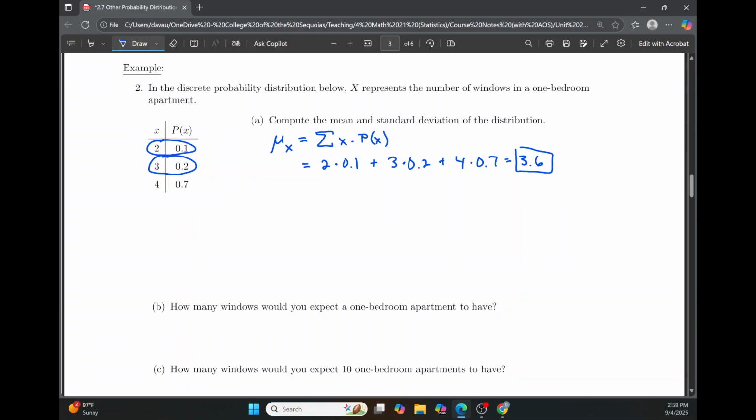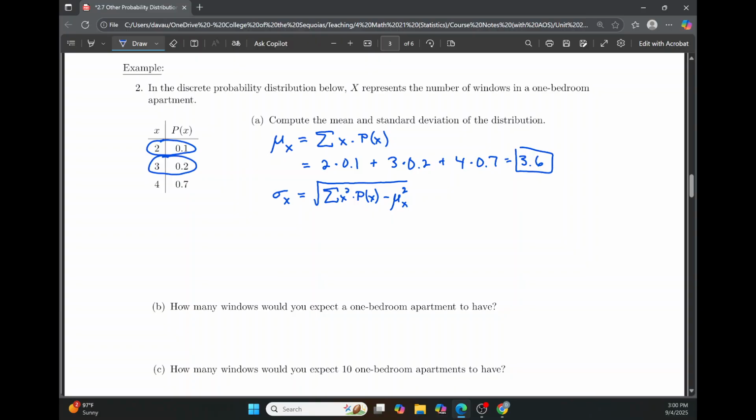The standard deviation is a little bit more involved. Let me just write down the formula, and then we'll have to do a little bit of scratch work before we actually calculate it, okay? So the formula for the standard deviation is that it's the square root of the sum of x squared times p of x minus the mean squared.